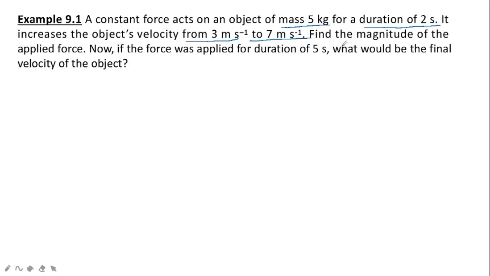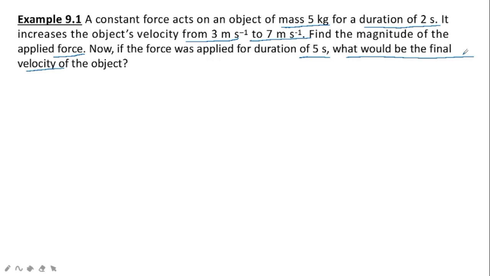Then find the magnitude of the force, so we have to find force. The second part is, if the force was applied for a duration of 5 seconds, what would be the final velocity of the object? So this is our given data.